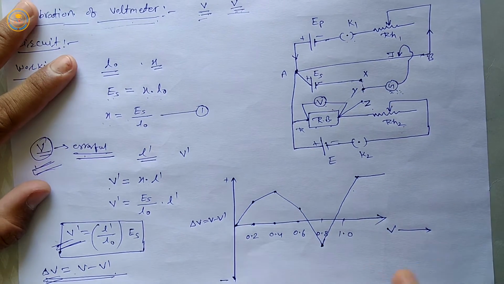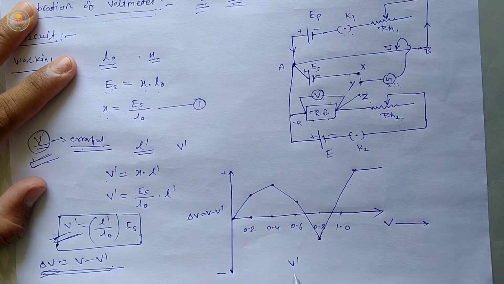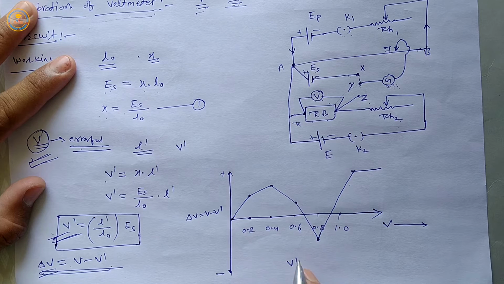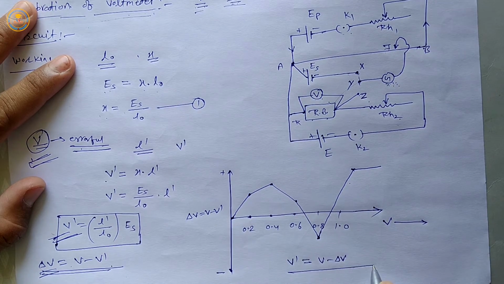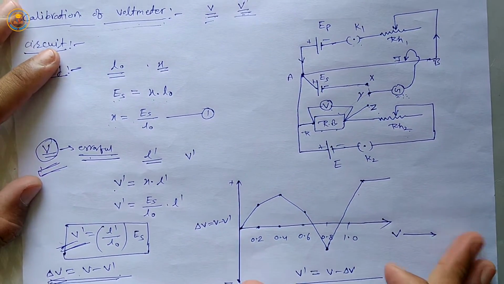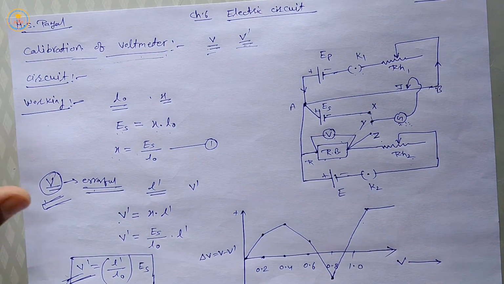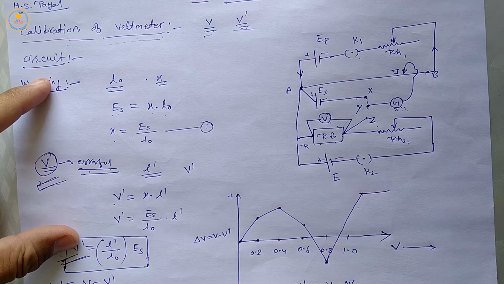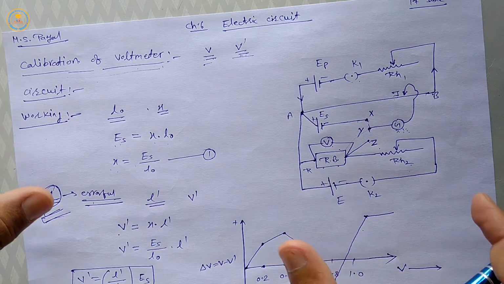By the help of this graph we find the value V dash, the potential difference by the potentiometer. V dash is equal to V minus del V. This is a very important application of potentiometer, calibration of voltmeter. This graph is known as the calibration graph, and this is a very simple application.